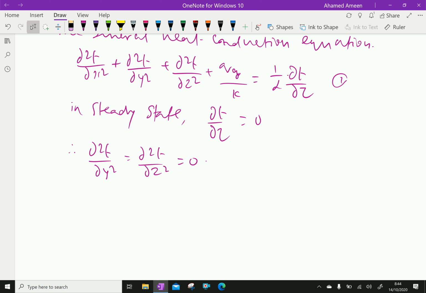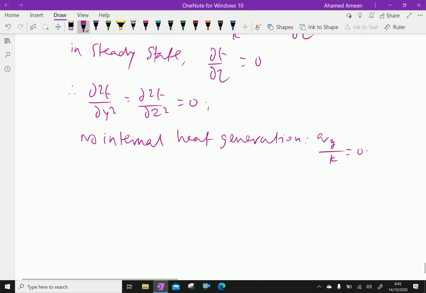That means heat is conducted only in the x direction, and there is no internal heat generation, meaning Qg by K equals 0.